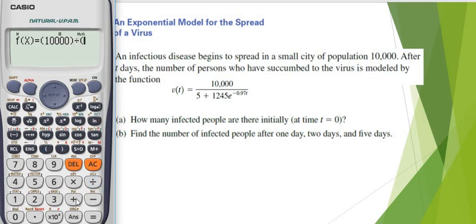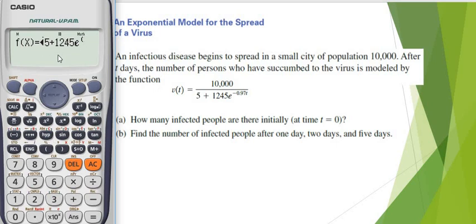We have 5 plus 1, 2, 4, 5 shift e to the power of, so we'll use parentheses such as negative 0.97 t.